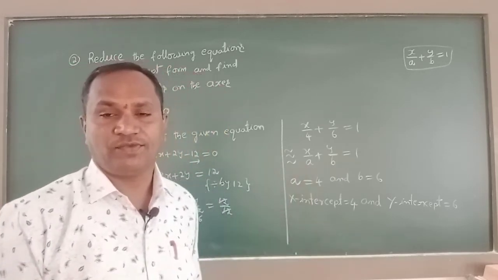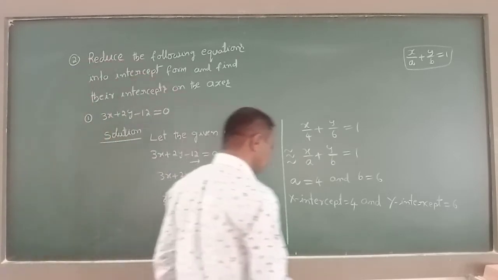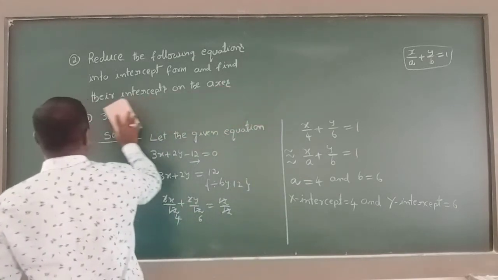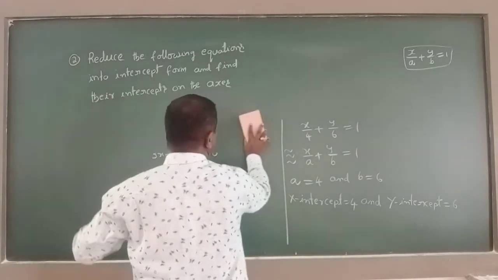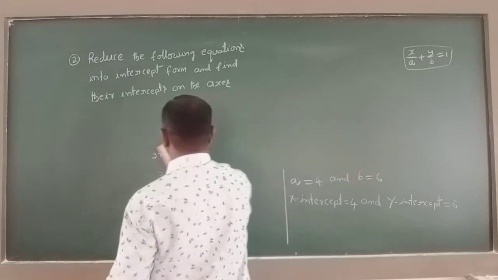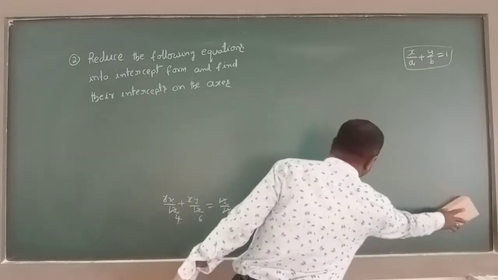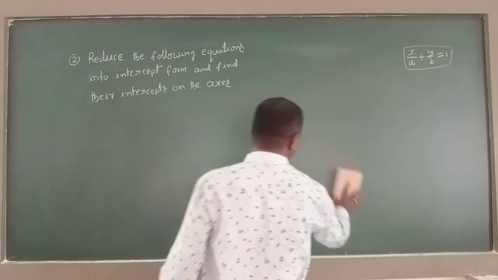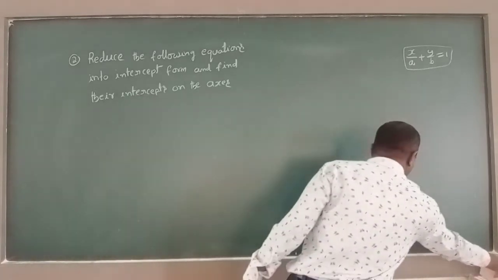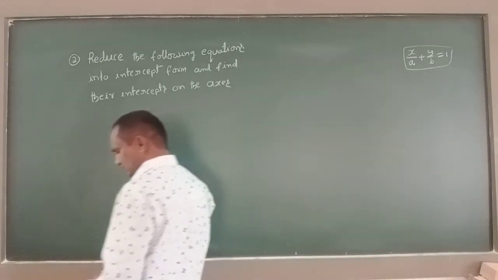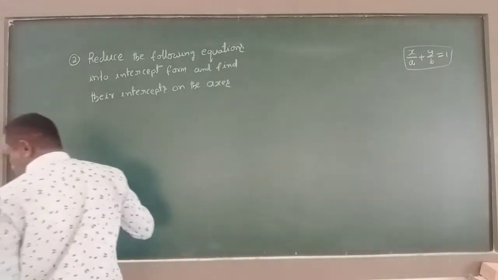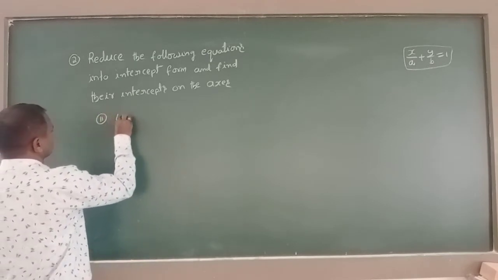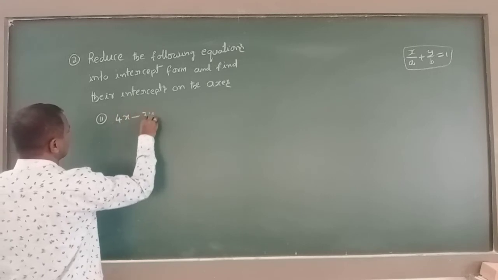Let us solve another question. Second question is 4x minus 3y is equal to 6.